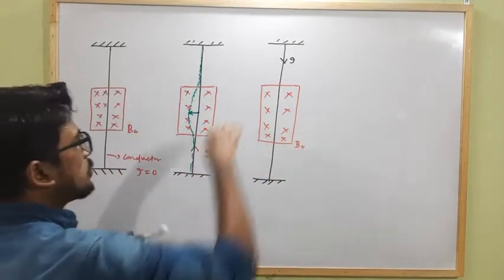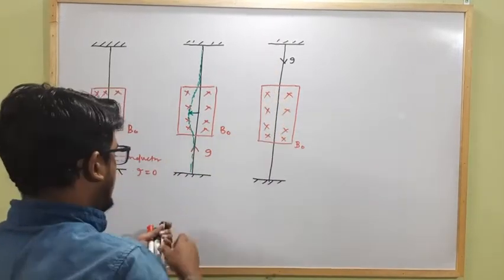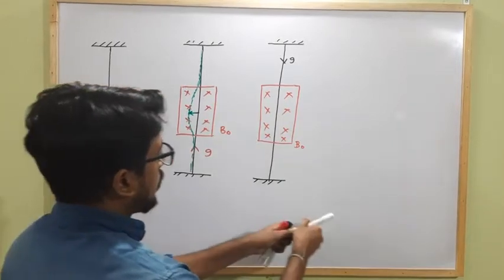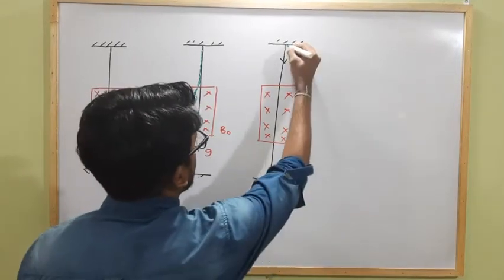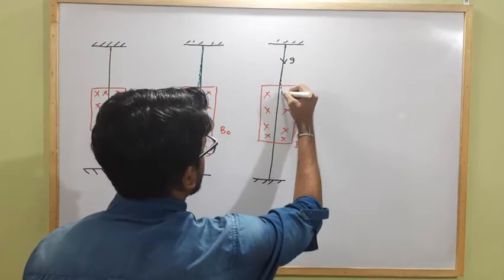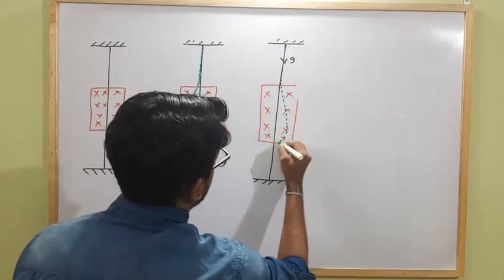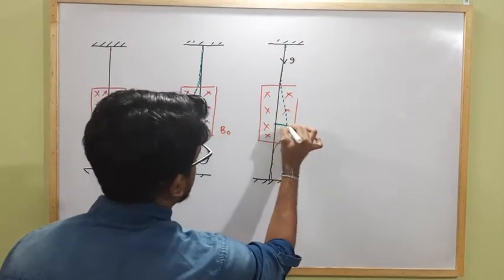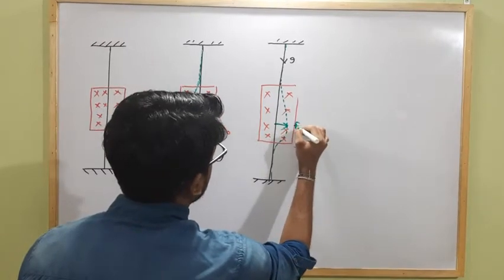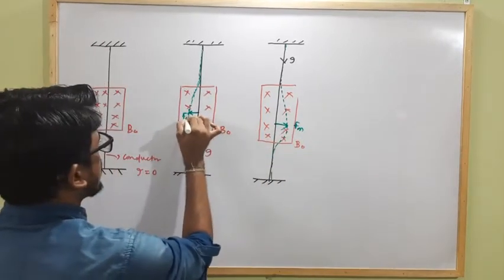As the current is moving downward and the magnetic field is into the plane, it was observed that within the magnetic region the conductor bends like this. That means it experiences a force sidewise along this direction.